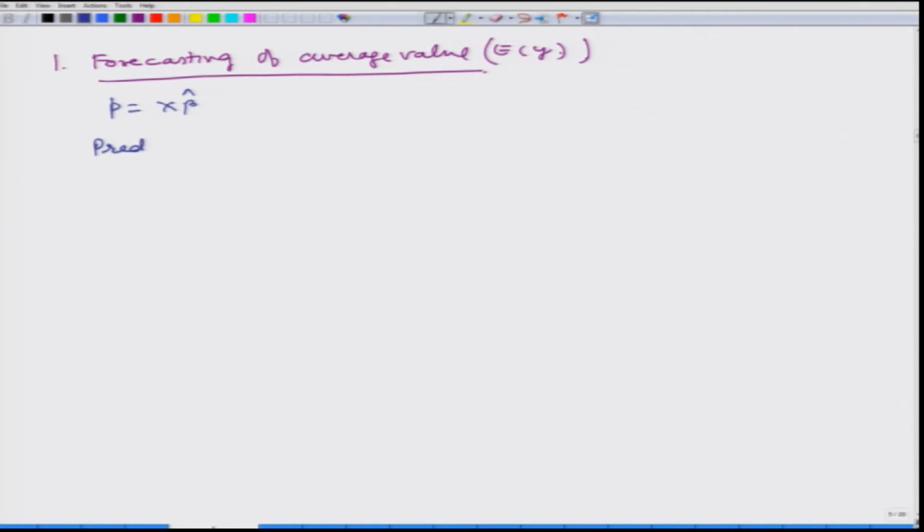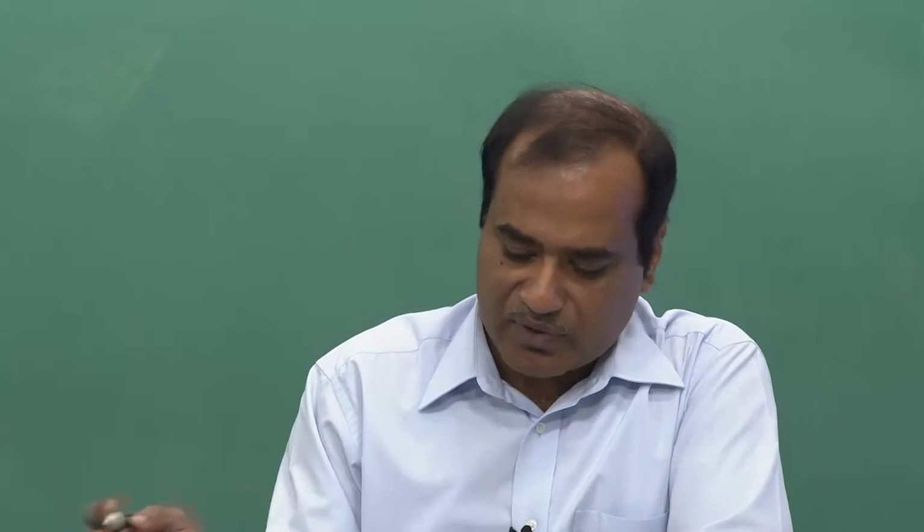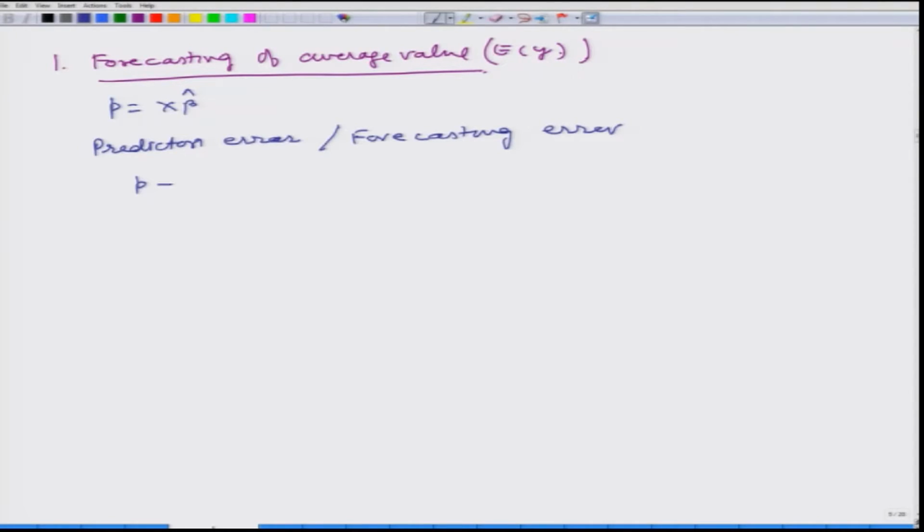So, in the first step we try to find out the prediction error, or this is called forecasting error. You see, if we are using here the terminology prediction and forecasting exactly on the same line, there is some minor difference between the two, but we are not going into that detail. Okay. So, this prediction error is given by p minus expected value of y.